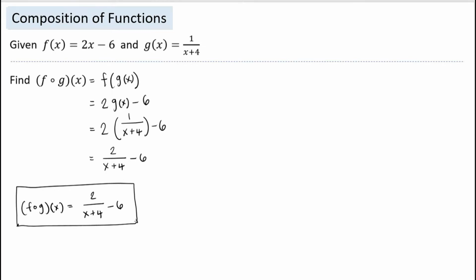Let's find the domain of this composite function. The first step is to find the domain of g of x. The domain of g is the domain of 1 over x plus 4. Because the denominator cannot be equal to 0, we have x plus 4 cannot be equal to 0.